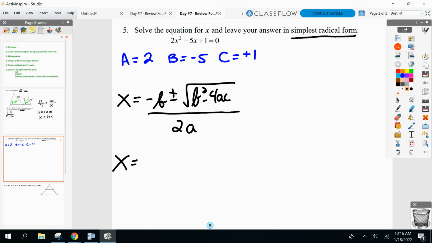Now, do we know how to use it? Here we go. -b, what are you plugging in? +5. Plus or minus, you are not plugging in a darn thing yourself now. We get that number underneath the radical by storing A, B, and C in the calculator. So let's review that process again.